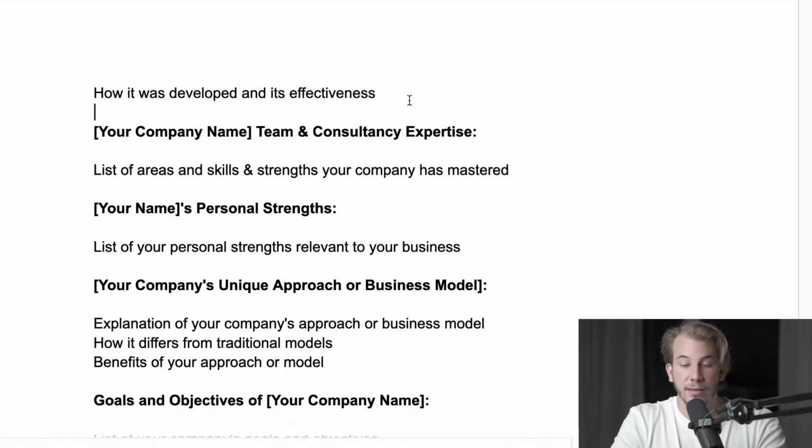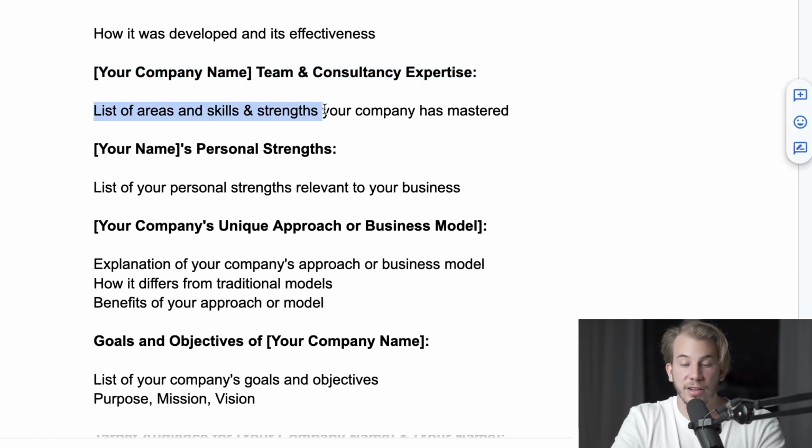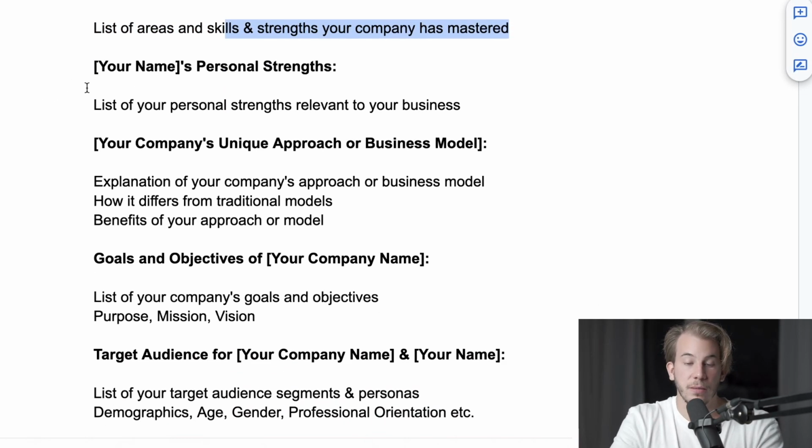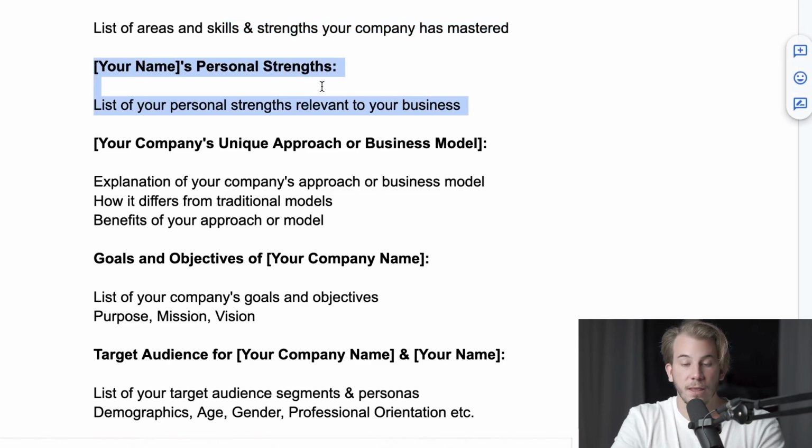Company name and the team, consultancy or expertise within the team, list of areas and skills and strengths that the team or the founder or the people behind that business have. What are the personal strengths of the personal brand, the CEO, the founder?